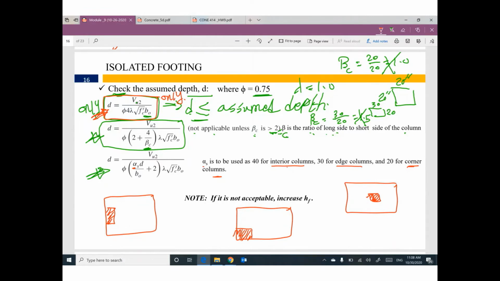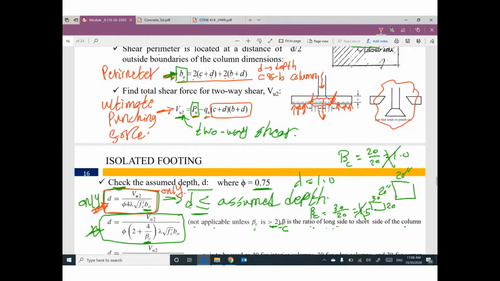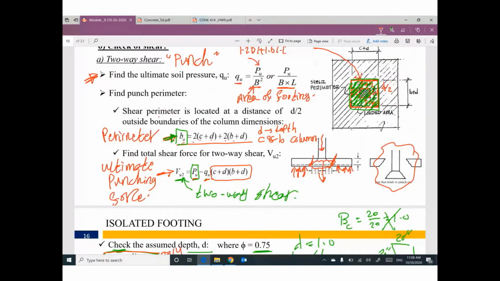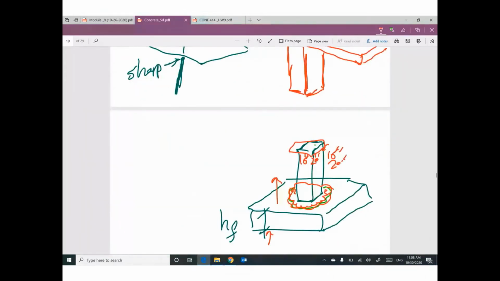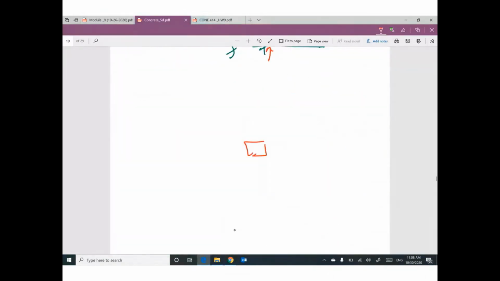Any question related to punching? I need you to understand this point. For a footing supporting a column, we have an issue with punching.